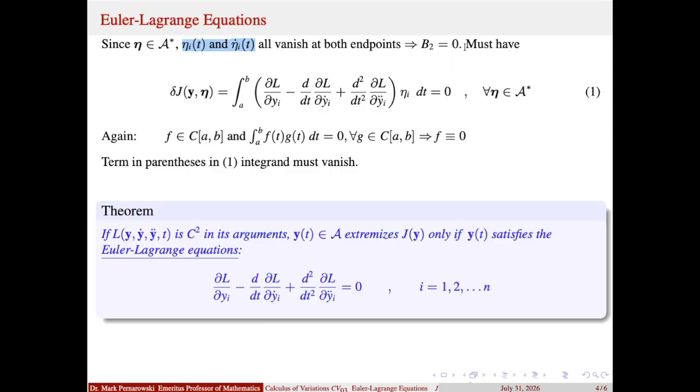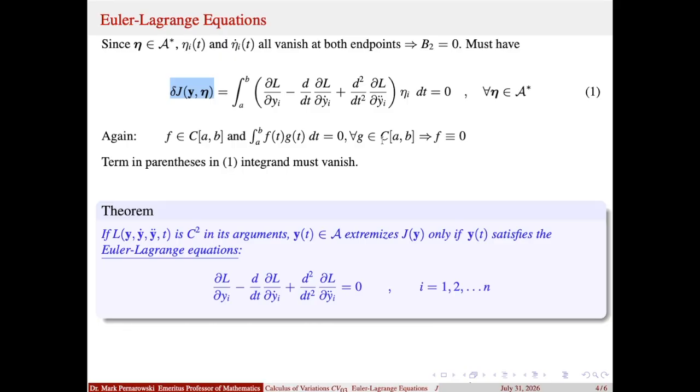Rewriting the first variation delta J, it then becomes an integral of something times eta i. This whole expression must vanish for all etas that are, in particular, continuous on the interval AB.